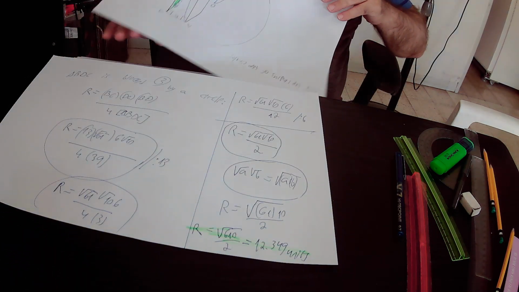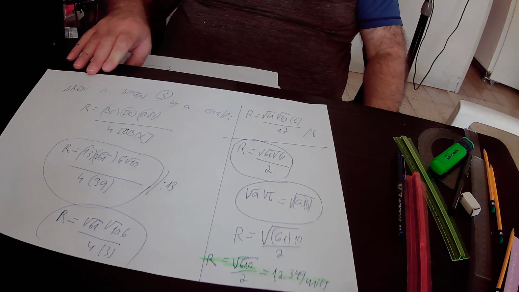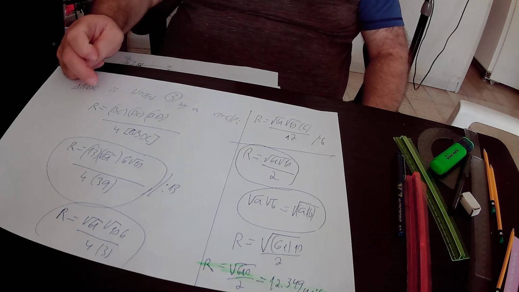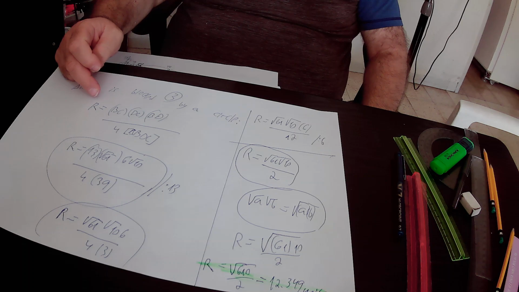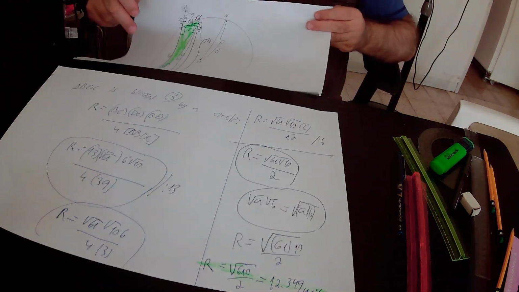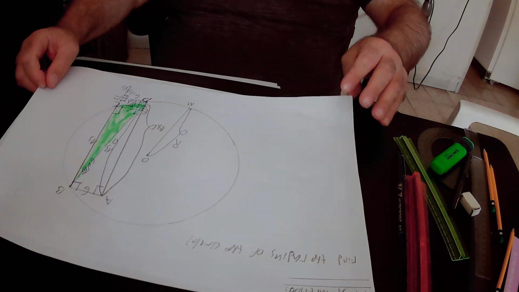Okay, and according to rule number 1, again I repeat that the green triangle BDC is blocked by a circle, therefore we can implement rule number 1. According to rule number 1, the radius of this circle that blocks the green triangle BDC will be equal to the multiplication of the side lengths of the triangle by each other.